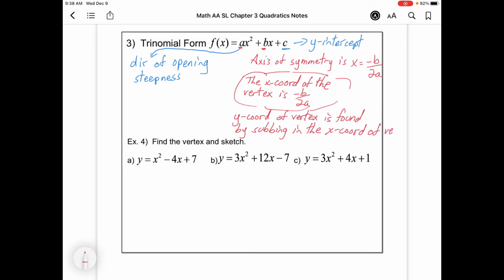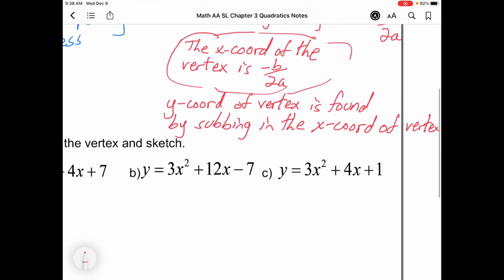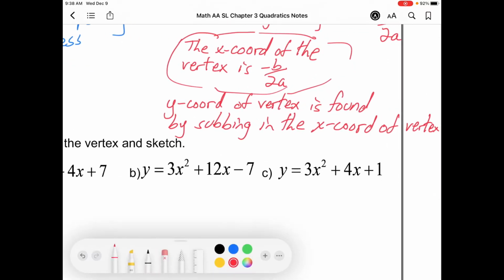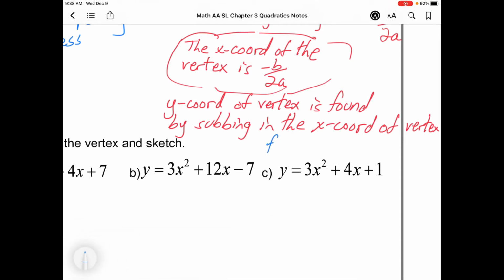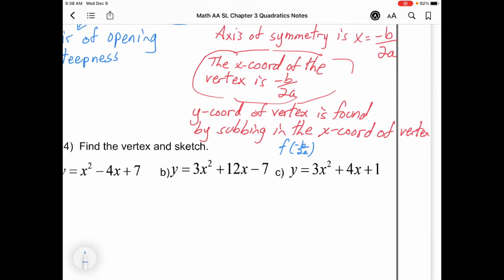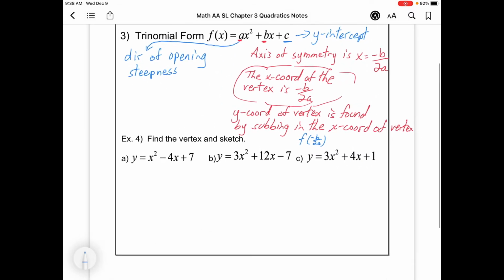Now, if you want to get fancy with this, you could say that the y-coordinate would be f of negative b over 2a. But I always do this in steps anyways, so I'll find my x-coordinate and then I'll just sub in to find my y-coordinate. So we're going to find the vertex and sketch each of these functions.